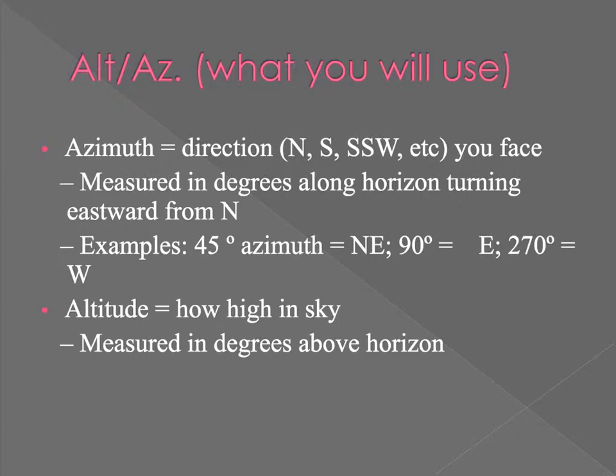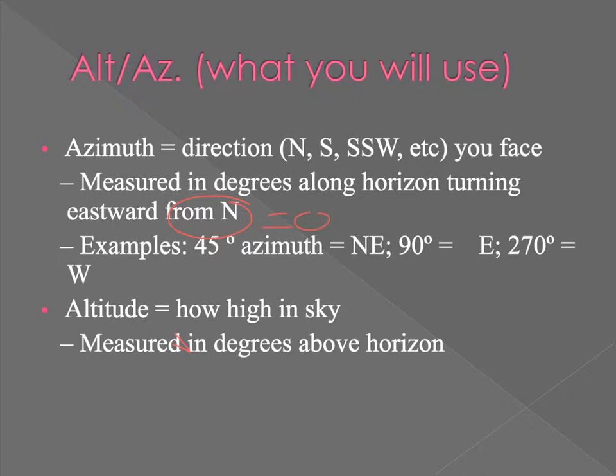Altitude azimuth is what we are going to be using. So I've mentioned altitude a few times, which is how high in the sky something is. And this is measured in degrees. And azimuth is our other directional system, which tells us we are facing either north, south, east, or west. And that's also measured in degrees, but the starting point is north. So the value we would give north is 0.